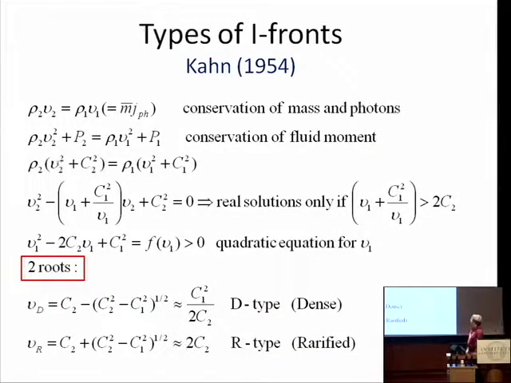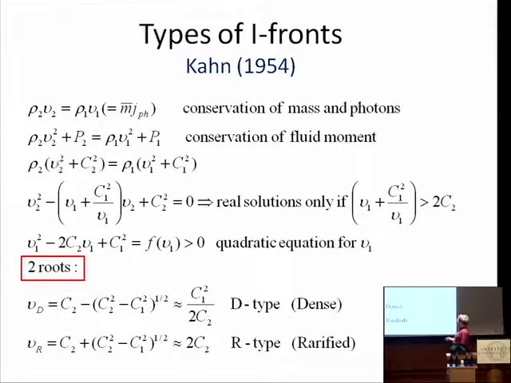Well, this was all worked out by Kahn the year after I was born. This leads to a bewildering variety of I fronts, a lot of solutions, most of which are never achieved in nature. And the analysis is pretty simple. If we start with conservation of mass across the I front, remember that this is also equal to the ionizing photon flux.